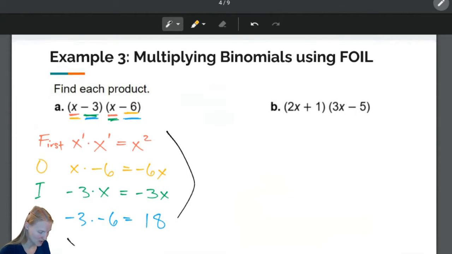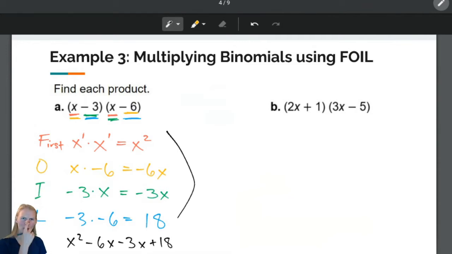So we have x squared minus 6x minus 3x plus 18. But wait a minute, look at this, I have an apple and an apple. I can combine like terms. So instead of just writing it this way, I'm going to put the minus 6x and the minus 3x together.